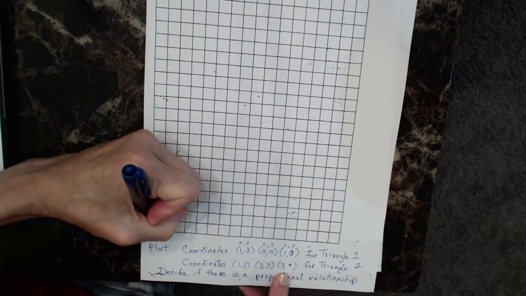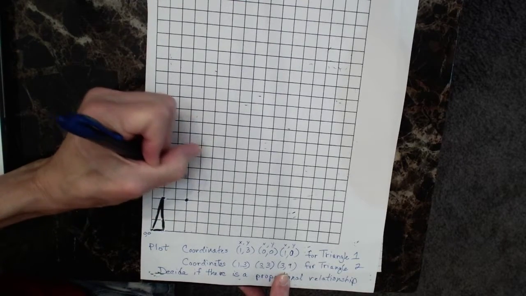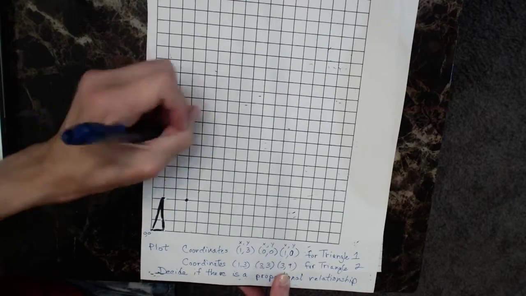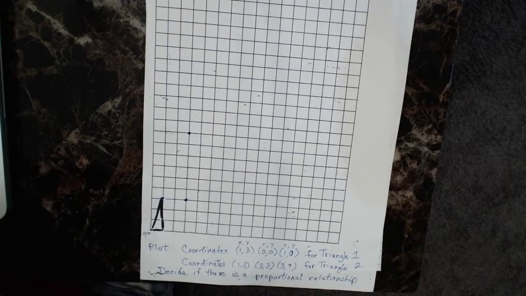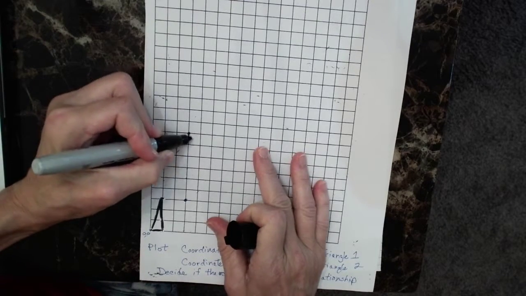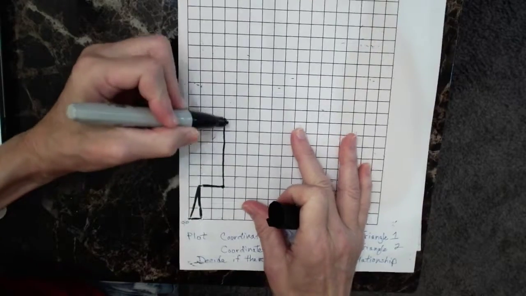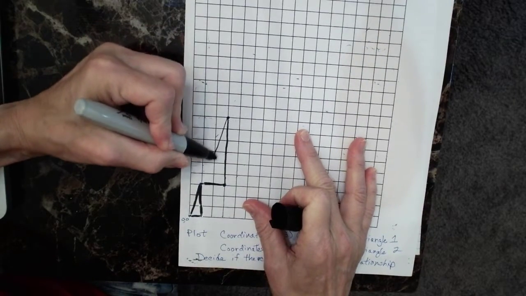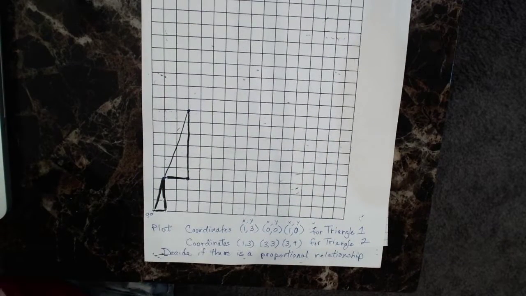So we start from 0, 0, 1, 2, 3, 1, 2, 3, 4, 5, 6, 7, 8, 9. So we'll connect those. And we have two triangles, and we want to determine if there's a proportional relationship.